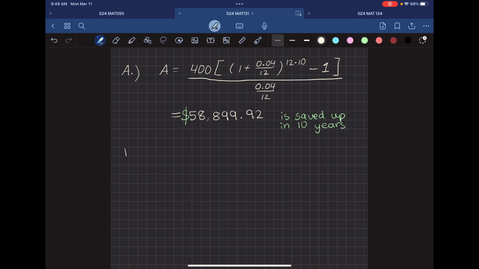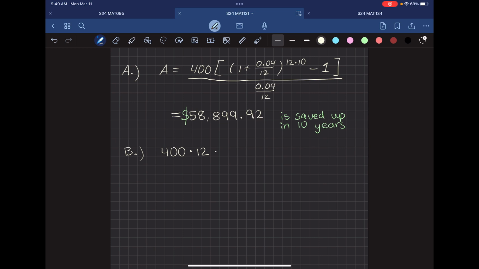The next thing that we were asked is to figure out how much we actually deposited into the account, right? Well, if you think that you are depositing $400 every month for 10 years, you can just do some simple multiplication. So I can take 400 times 12, that would be the amount that I deposit each year.